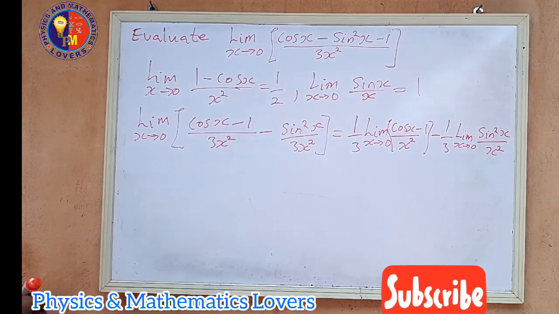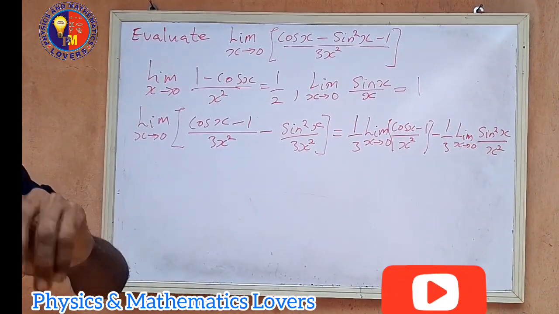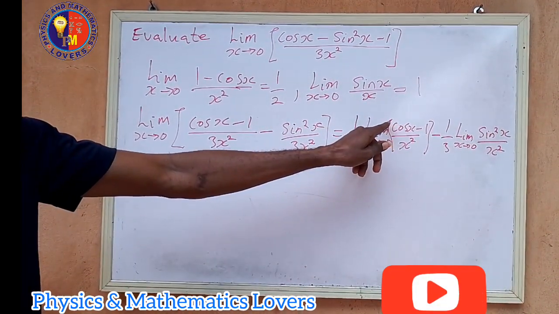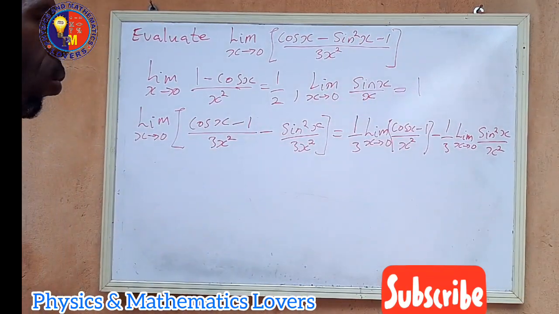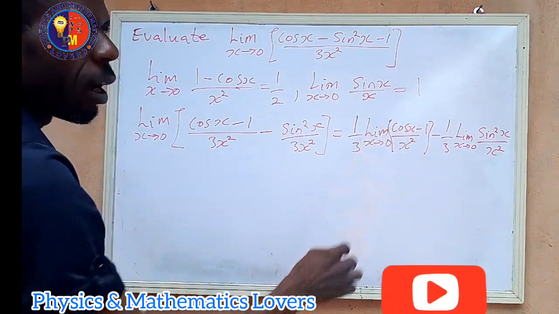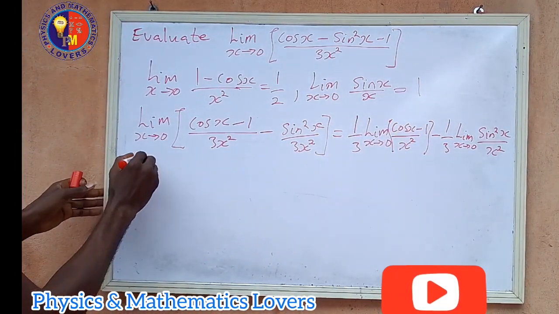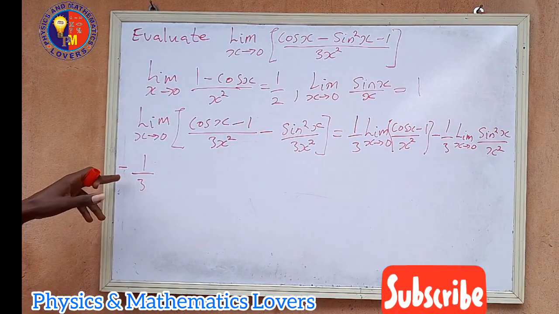Okay. The next thing I want to do now is to make sure that I achieve this. What do I have to do? I will have to multiply the whole of this with a negative sign. When I multiply that, this will turn to positive, and here will be negative cos. So I'm going to have 1 over 3. Then this place will not take the negative sign.